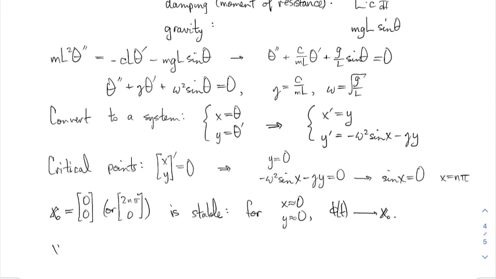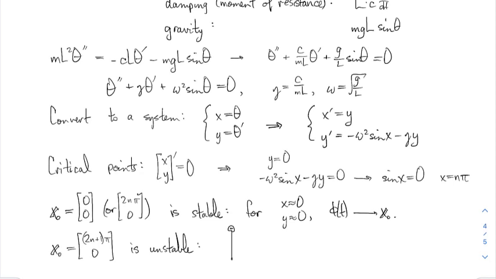Meanwhile, if we look at the critical points of the form 2n plus 1 pi, 0, so you can just think about pi, 0 if you like. Well, this is the situation when the pendulum is standing straight up. Right, so if here's the hinge, then we have the rod going straight up and the pendulum balanced right on top.